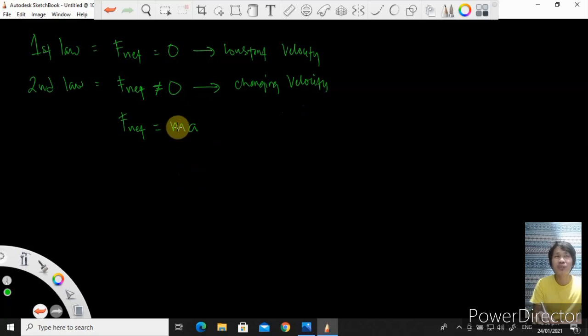Kapag walang value yung F net, sabi sa first law, then constant yung velocity. Kapag may value naman yung net force mo, kapag present yung net force, then the object will accelerate. Pag sinabi kong accelerate, either slow down or speed up. Okay ba yun? Depende sa direction and magnitude ng force. O sana nag-guess yung relationship ng first law sa second law ha?